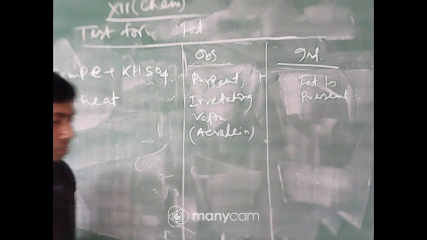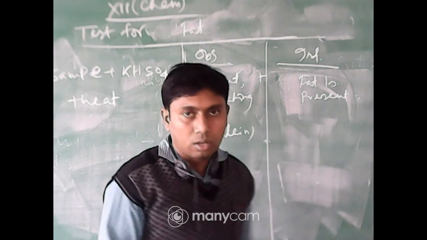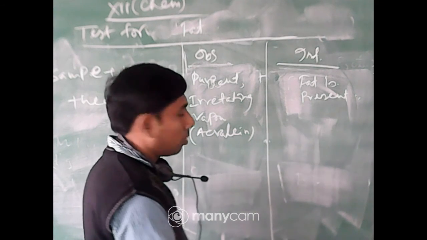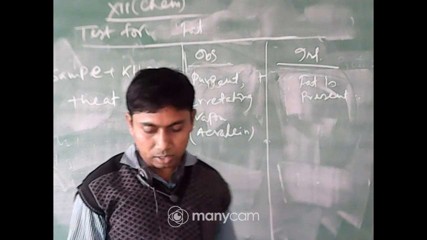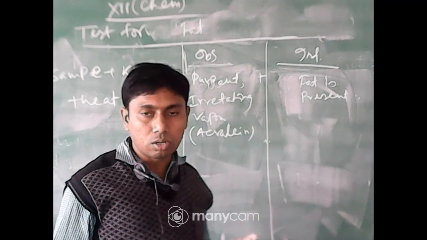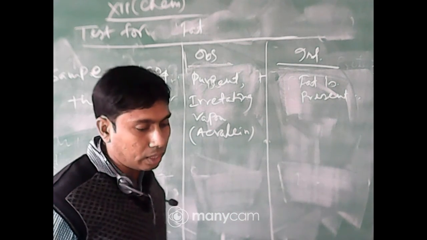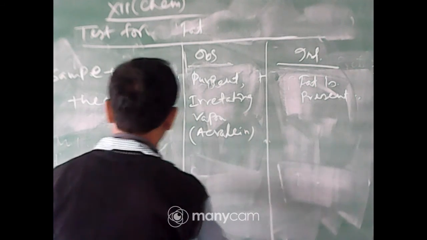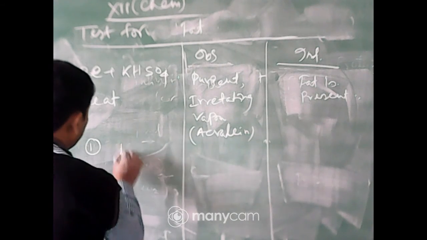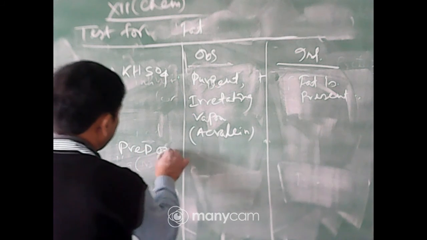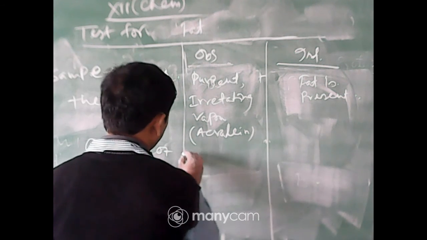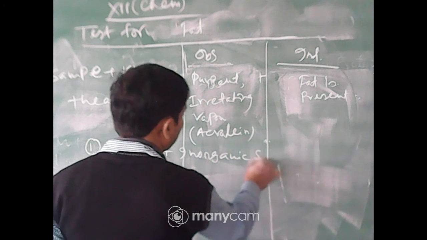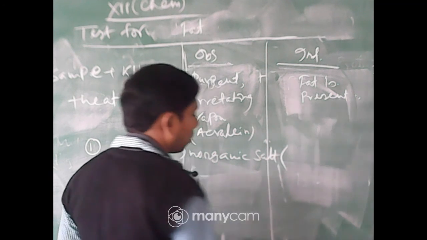Okay. So this is the experiment, the detection of carbohydrate, protein and fat. You have to write it in your practical copy, and with that you will add the preparation of number 1, preparation of an inorganic salt. What is this?